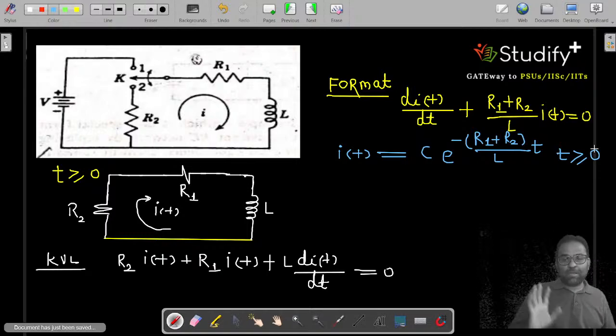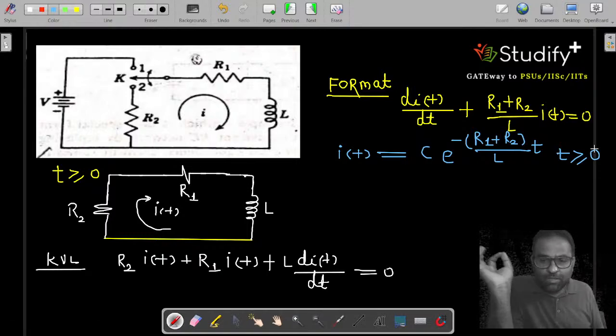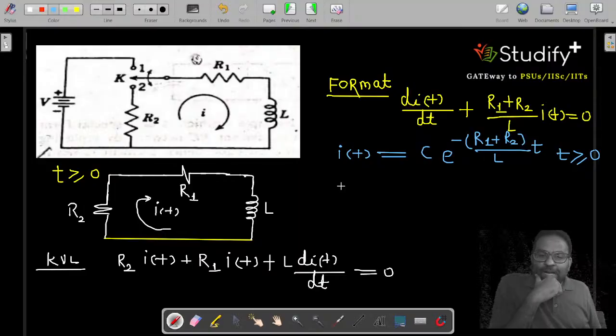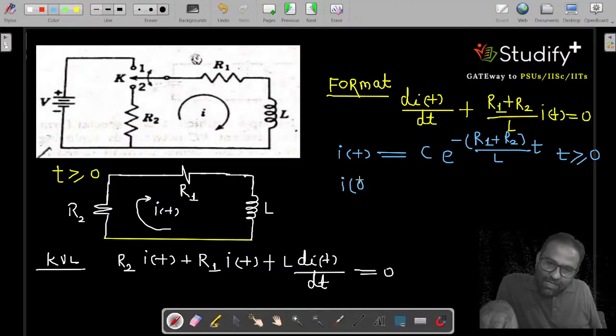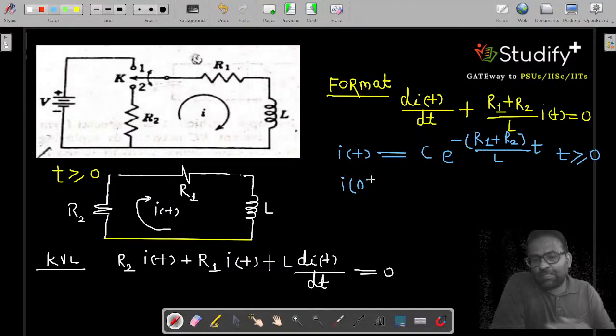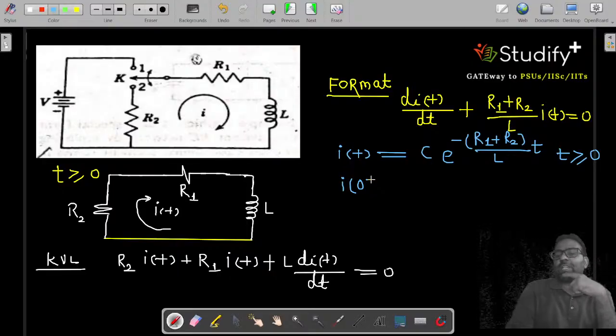Always remember this point, it is the most important point. Since this solution is valid for t greater than or equal to 0, I cannot put t0 minus here, because the validity of the differential equation is the problem.